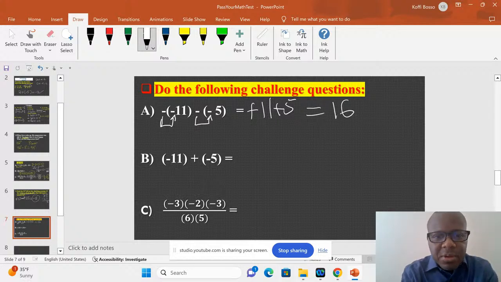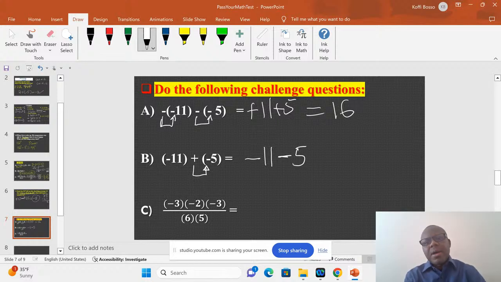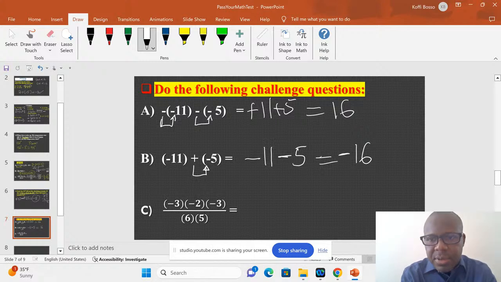What about this one? I remove the parentheses, I'm going to have a negative 11. The positive here will hit this negative to turn to negative, so negative 5. So the two numbers are negative, right? They have the same sign, so I will add the two numbers, I get 16, and I keep that same sign.